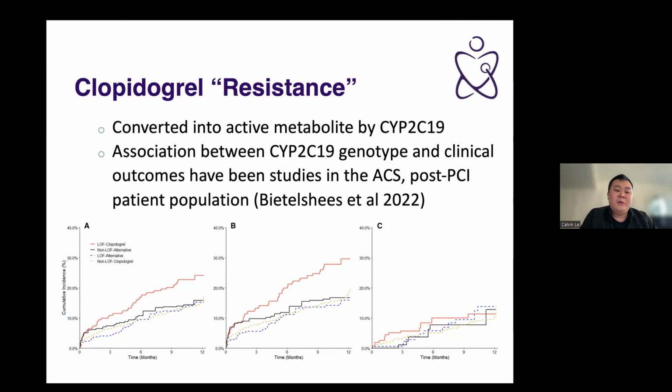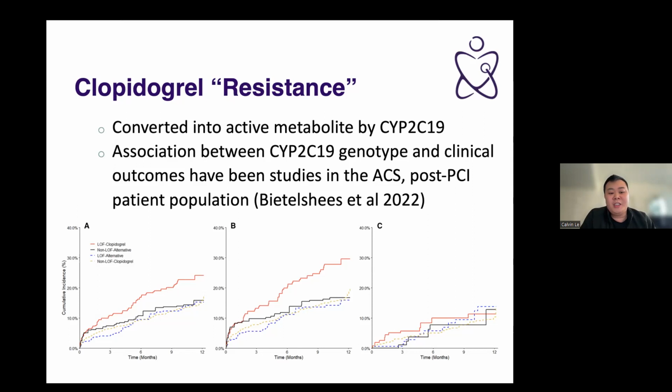This study looked at major cardiac adverse events, so all-cause mortality, MI, strokes, and in-stent thromboses up to 1 year after the initial PCI. Panel A is all patients, panel B is patients who underwent PCI for ACS, and panel C is patients who underwent PCI for non-ACS, like stable angina or other indications.